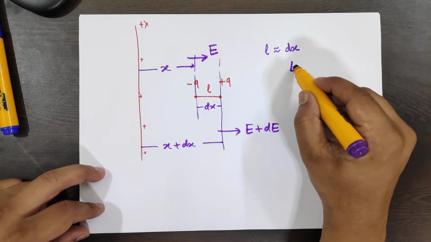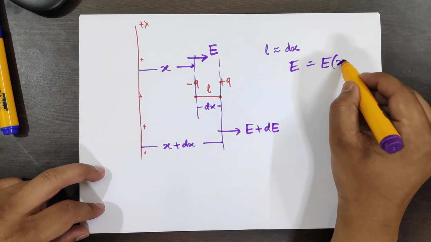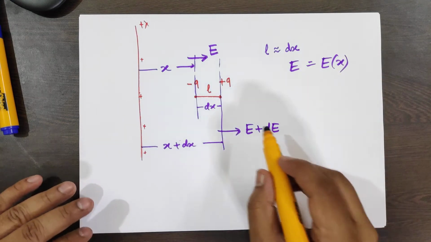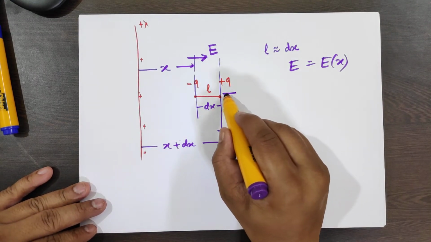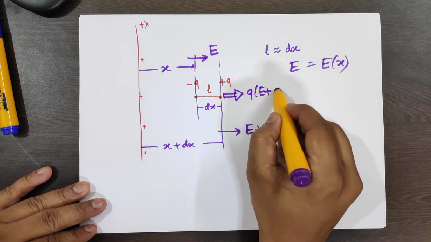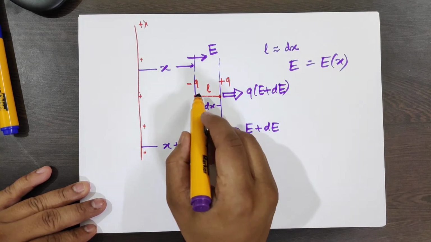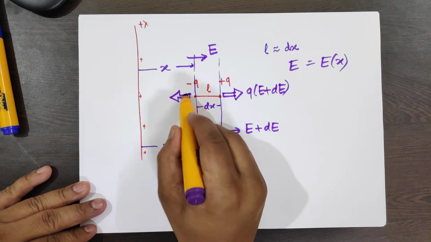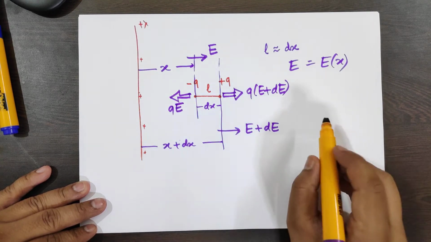So E is a function of x, right? So the force on this charge is q into E plus dE, and the force on this negative charge is obviously q into E.